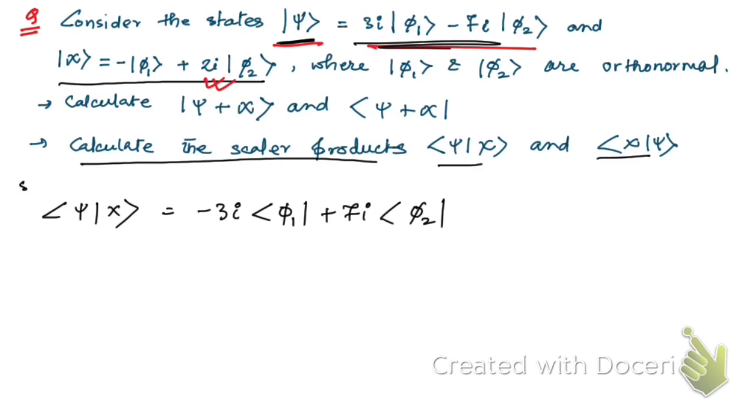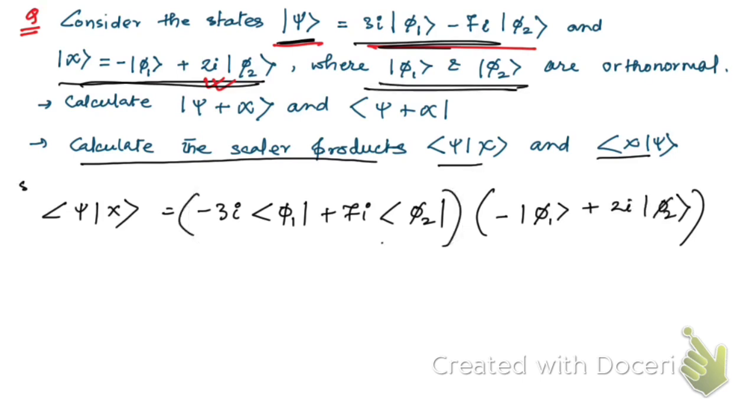This one, into ket chi, which is this one. Okay, so let's use this value here, minus ket phi 1 plus 2 ket phi 2, right?